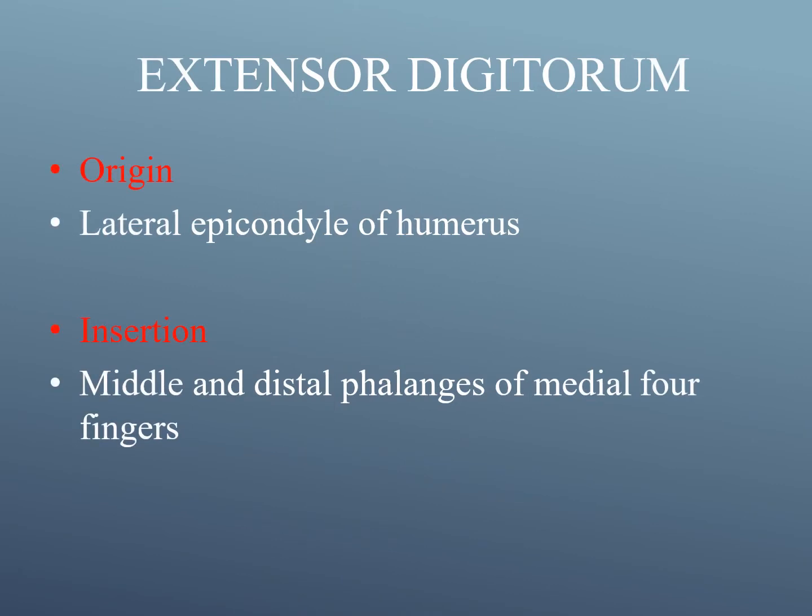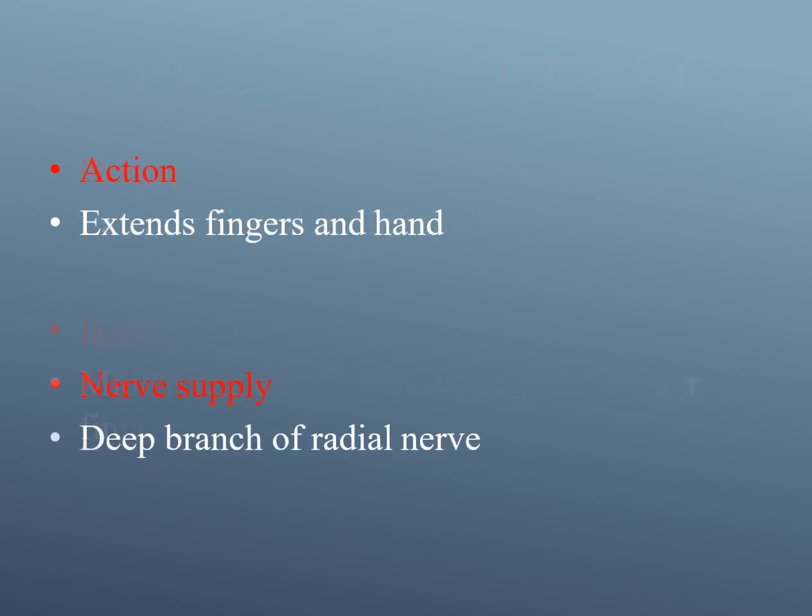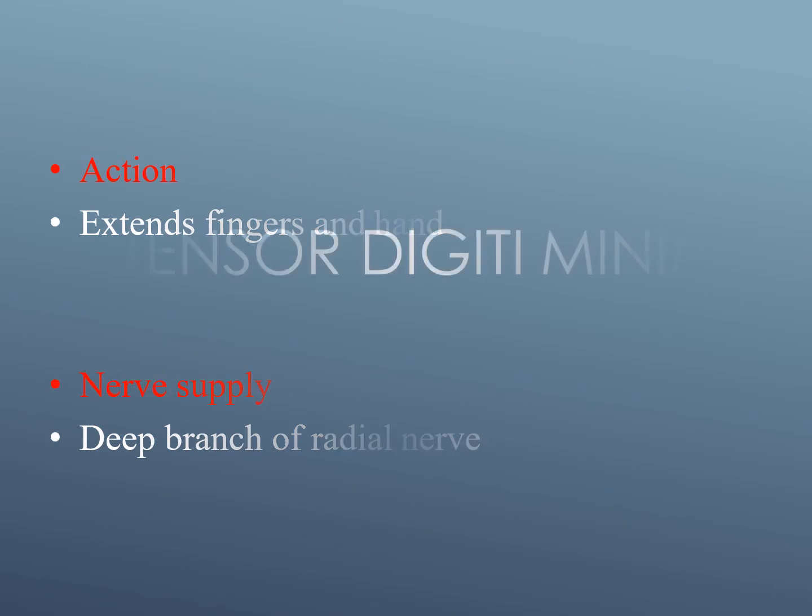It is inserted on the middle and distal phalanges of the medial four fingers, that is, except the thumb it attaches on the middle and distal phalanges of the four fingers. It extends the fingers of the hand. Nerve supply is deep branch of radial nerve.